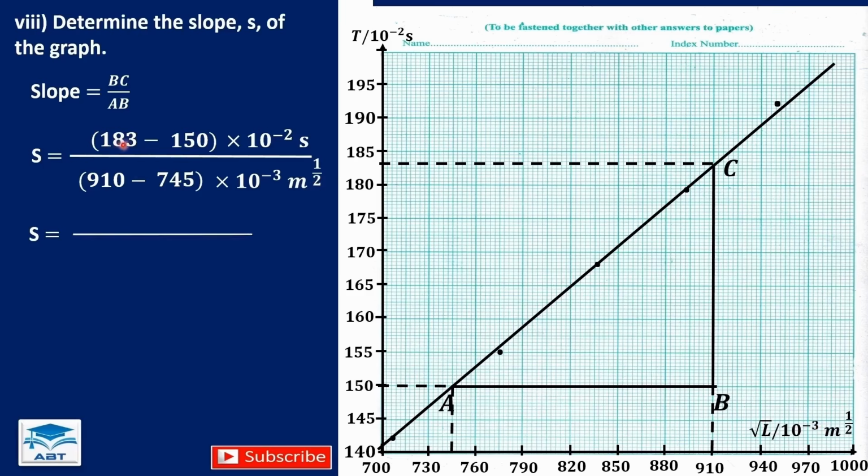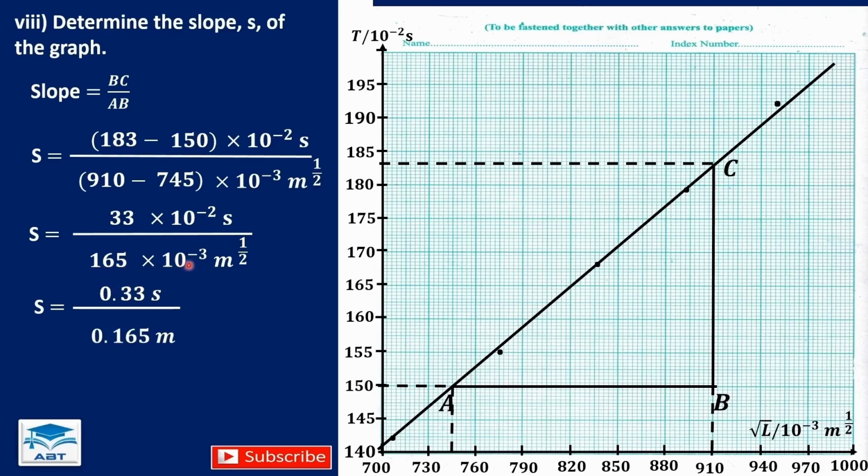So 183 minus 150 is 33 times 10 exponent negative 2, and the unit is seconds. 910 minus 745 is 165 times 10 exponent negative 3, units meters exponent half. And 33 times 10 exponent negative 2 is 0.33. The unit is seconds. 165 times 10 exponent negative 3 is 0.165.